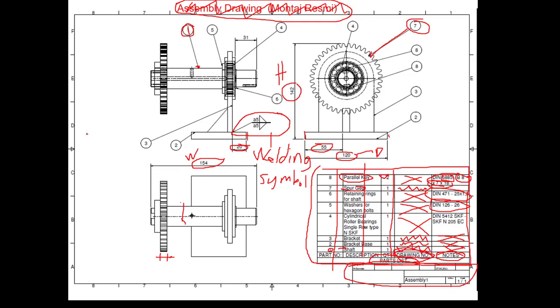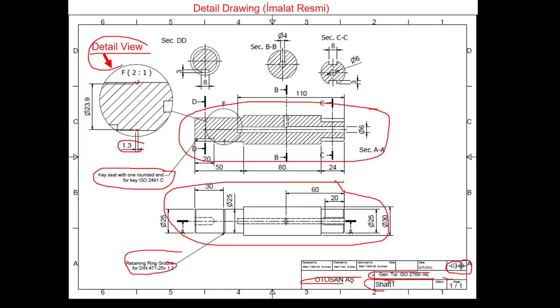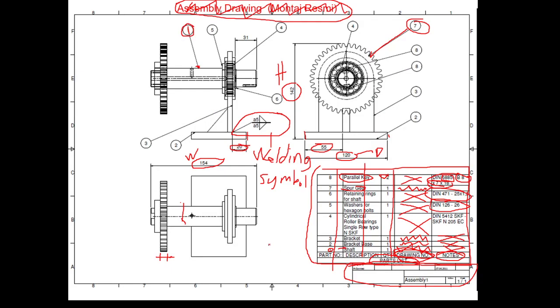It is the most common logic used by most companies. For instance, this assembly is the product of a company. In the example, the company is Otosan, a Turkish company.